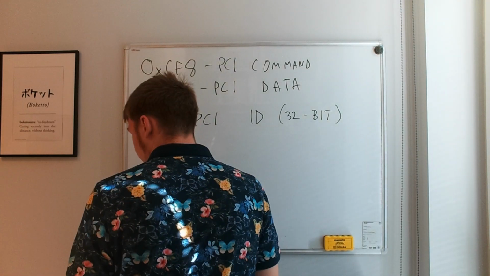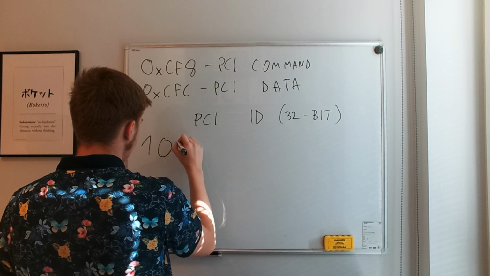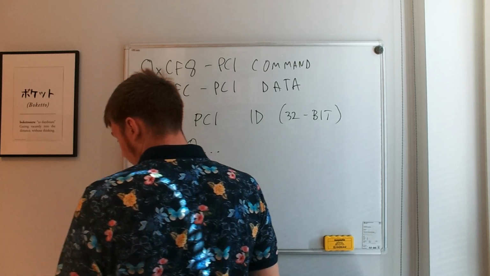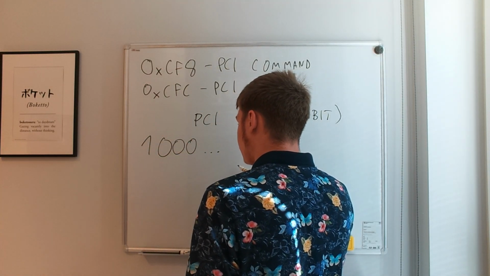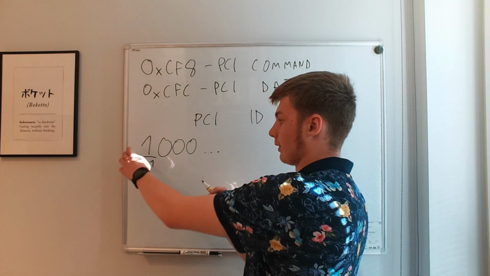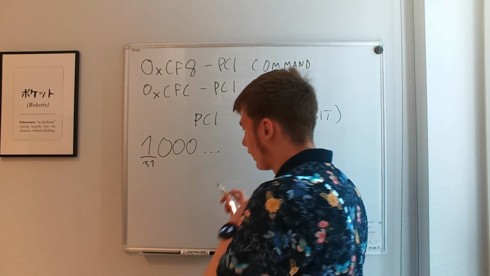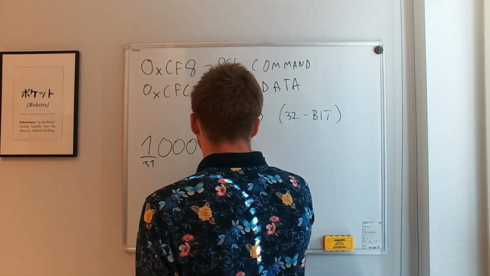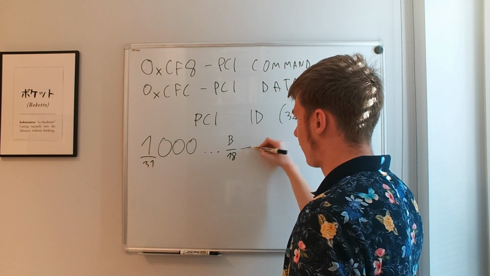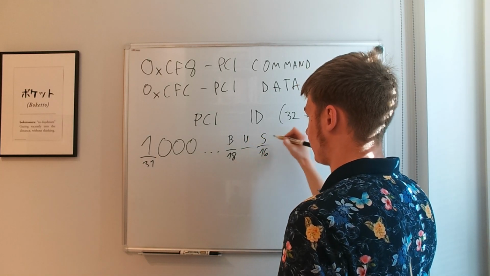It really shouldn't be that difficult. So you have a 1, then you have a bunch of zeros, until you go to position 18. By that I mean that you consider the oldest bit 31 and the youngest bit 0, and using that nomenclature, from bit 18 to 16, this is where your bus ID should go.